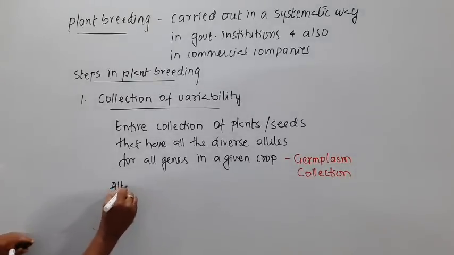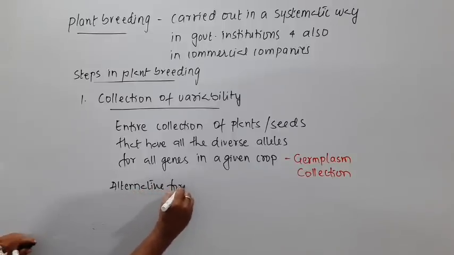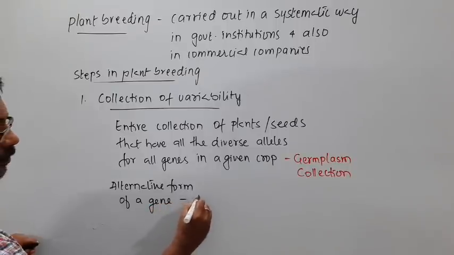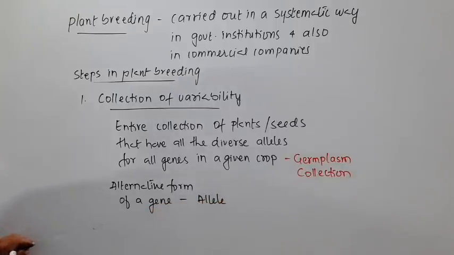The alternative form of a gene is what we usually call an allele.